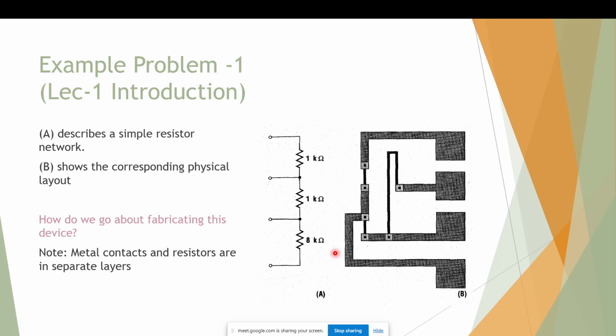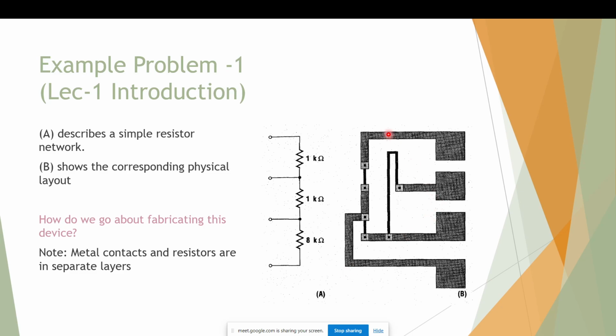For that, I need to probe this device, and to probe it, I need these metal pads to make contact with the rest of the circuit. So this is the layout that I want to fabricate in NNFC, the fabrication center at Sense.